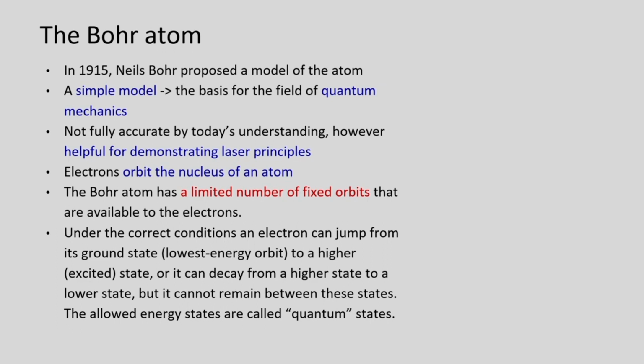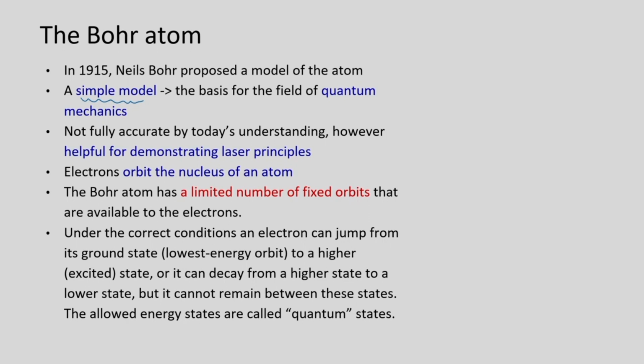In 1915, Niels Bohr proposed a model of the atom. It is a very simple model and it is based upon quantum mechanics. Nowadays, it is considered not fully accurate and not that advanced a model.